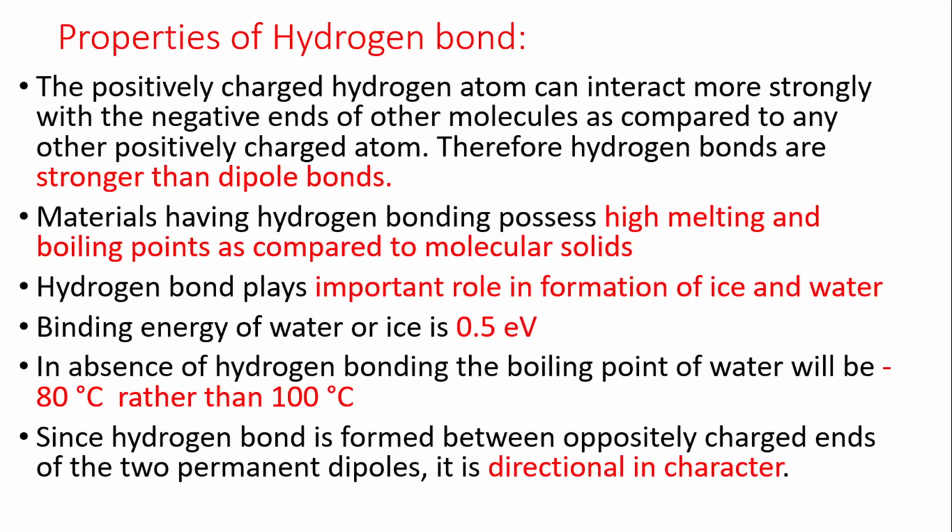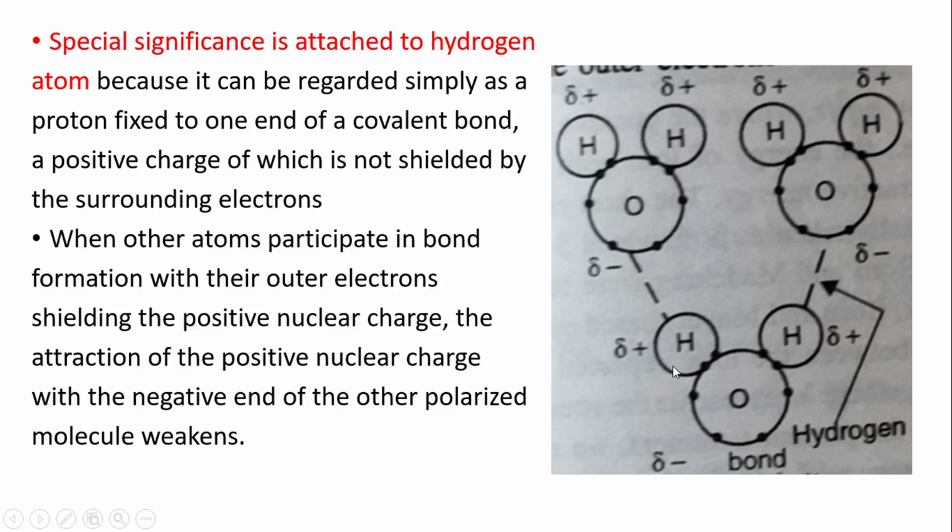The hydrogen atoms will create a hydrogen bond with the other water molecule when the oxygen side, the negative pole of that water molecule, is towards this hydrogen, and similarly here also. So this is directional in character. With this we conclude today's lecture. Thank you.